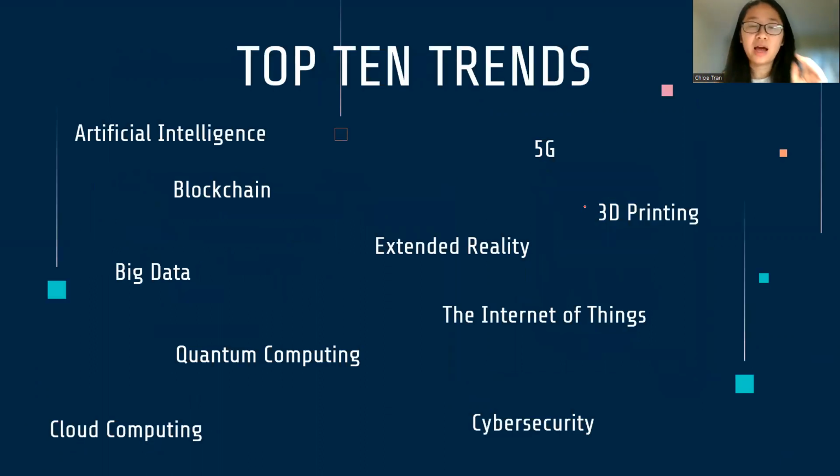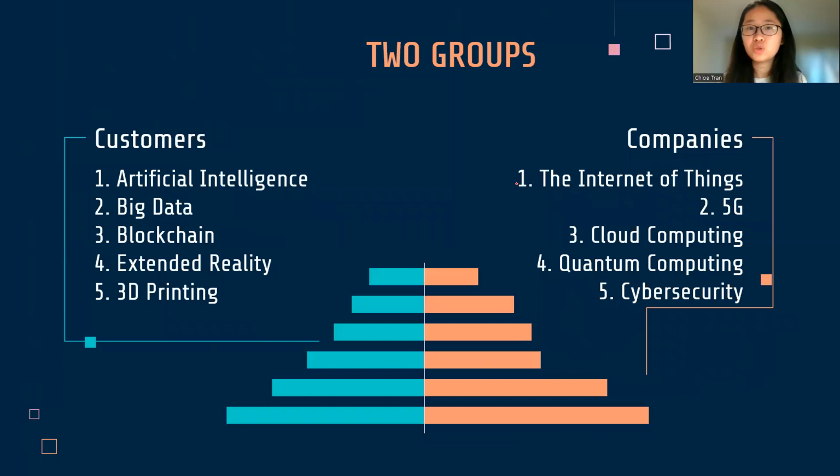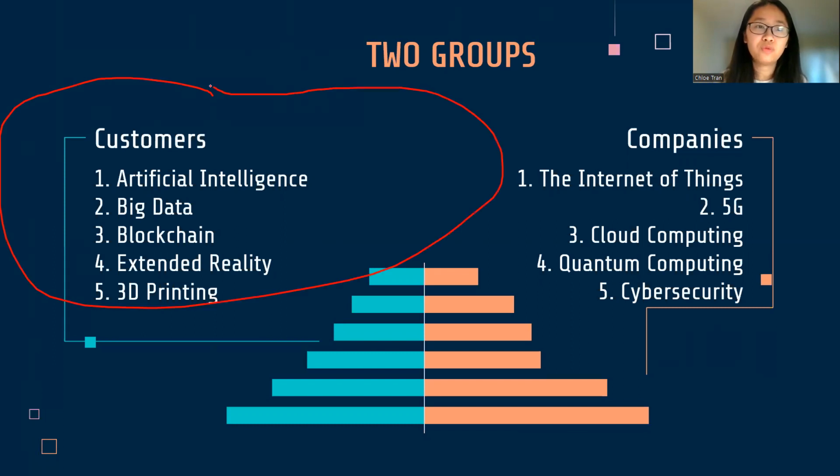So in this slide, I already showed the names of the top 10 trends. I already researched and selected from several sources. In the top 10 trends, I will divide them into two different groups. The first group is the customer and the second group is the company. From the customer group, these trends are more familiar to the customer, especially like the chatbot on Facebook using AI, or the extended reality when the customer is playing Pokemon Go, or 3D printing.